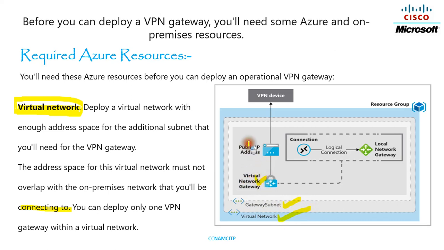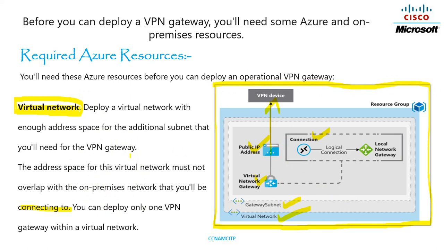This is the public IP address, and this is the logical connection, local network gateway, resource group, and VPN device. This is how the complete setup we need to configure to make a successful VPN gateway. I hope you understood whatever we have discussed here.